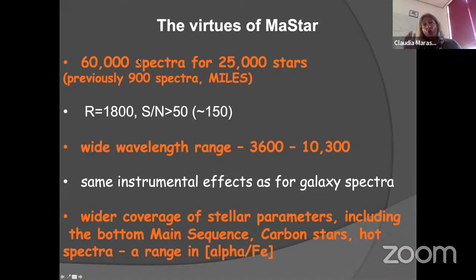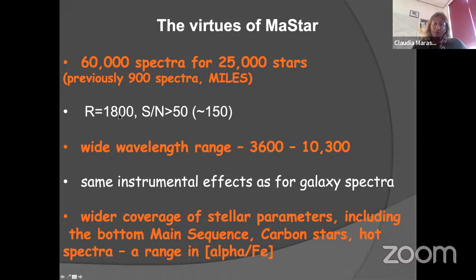I will show you what it means to deal with so many spectra, but one of the advantages is that you can maximize the signal to noise, and also, in principle, obtain a wider coverage of stellar parameters, including some exotic locations, exotic in the sense that they have been less sampled in previous efforts, which include the bottom of the main sequence, carbon stars, and also hot spectra.